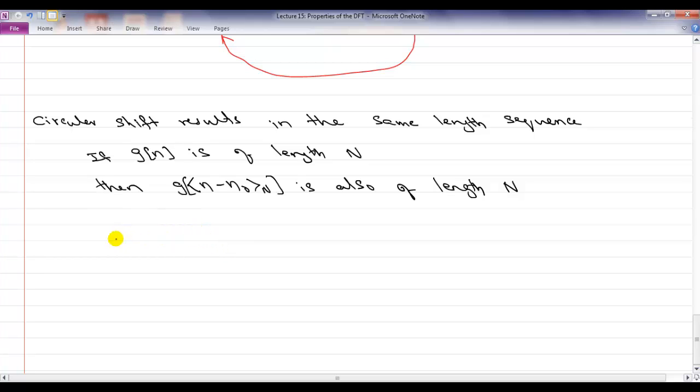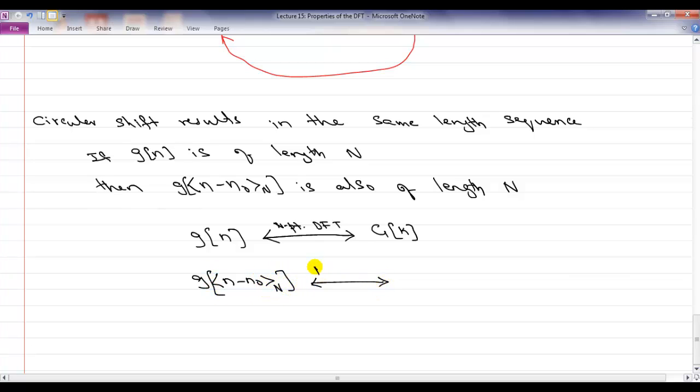So the property of circular shift is that if you are given g of n and you take the N-point DFT to get G of k, and now you circular shift it by n naught, and you compute the N-point DFT, then you see the operation that we talked about earlier, which is that you get e to the minus j 2 pi k n naught over N, times G of k.